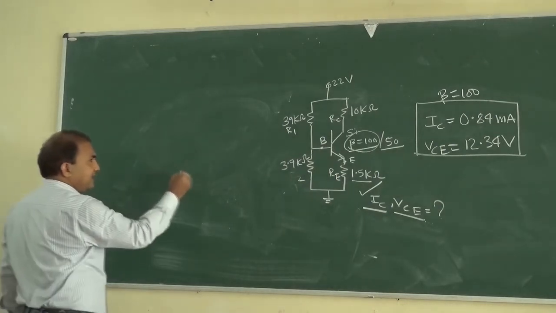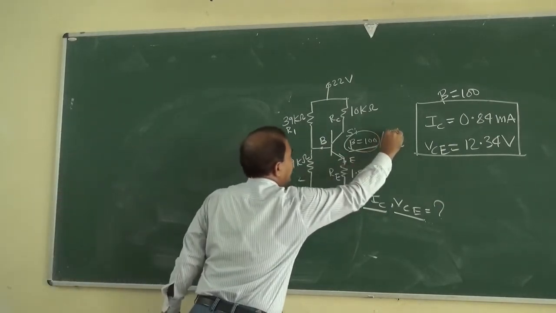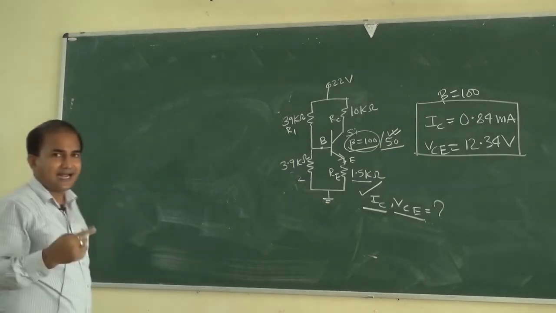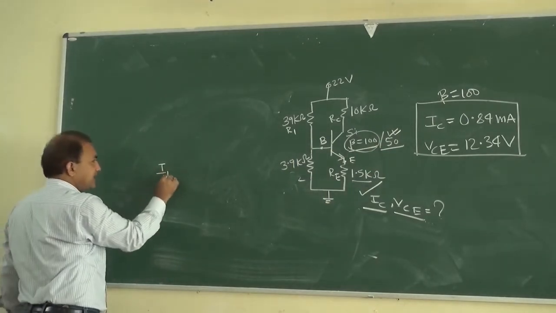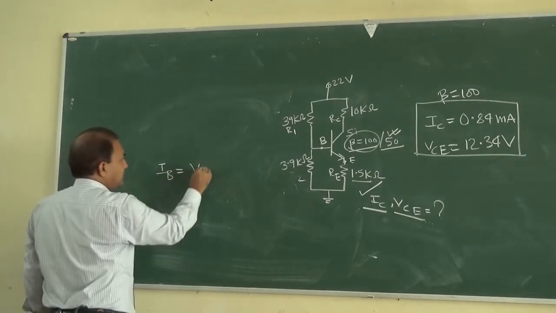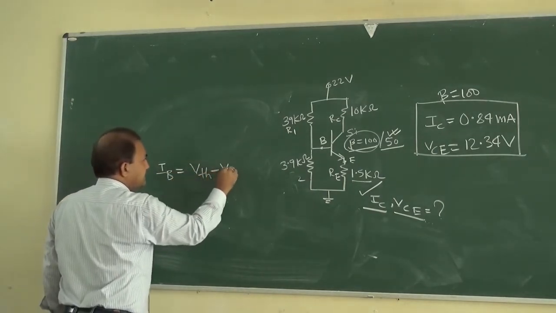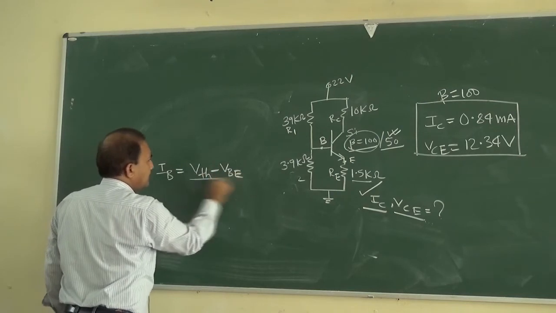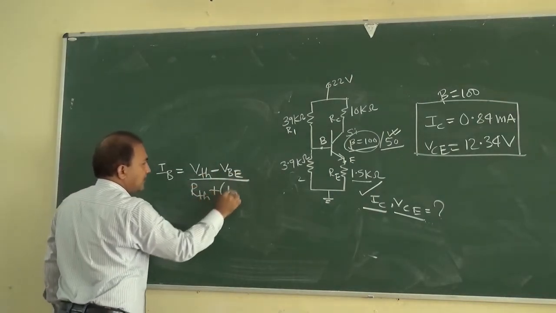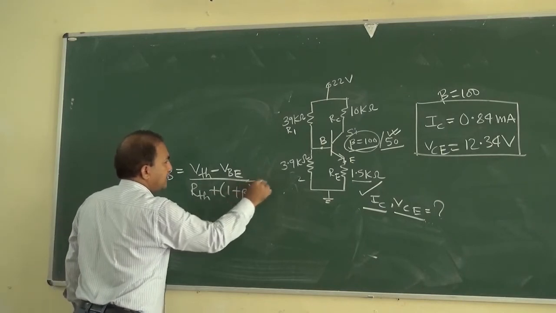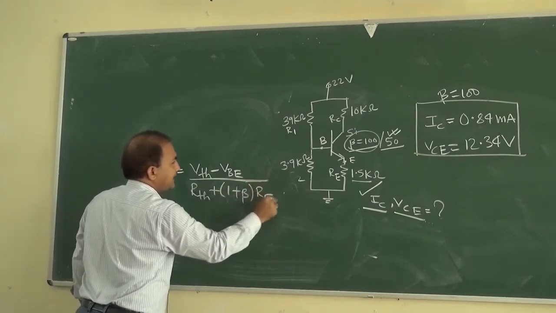So again for this beta 50, we have to determine IC and VCE. So again we have to determine IB first. It is equal to VTH minus VBE divided by RTH plus (1 plus beta) multiplied with RE.